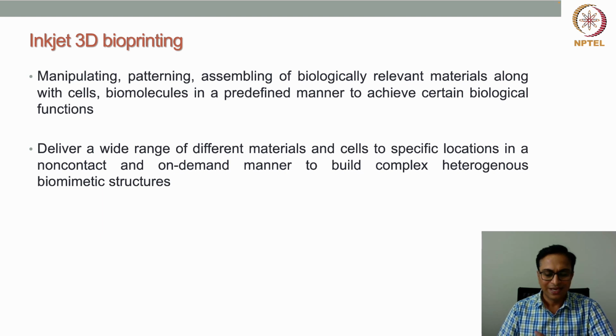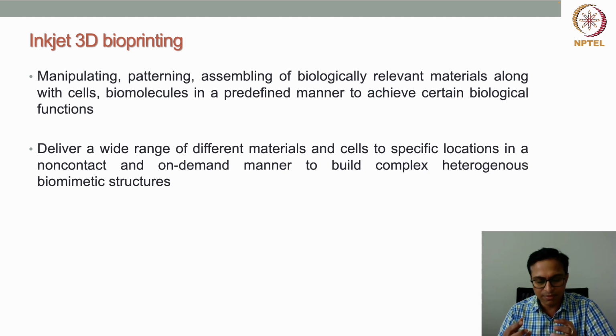Now, the initial success of inkjet printing led to the use of this technology for bioprinting, or 3D bioprinting, where our intention is to print biologically relevant structures and functions.